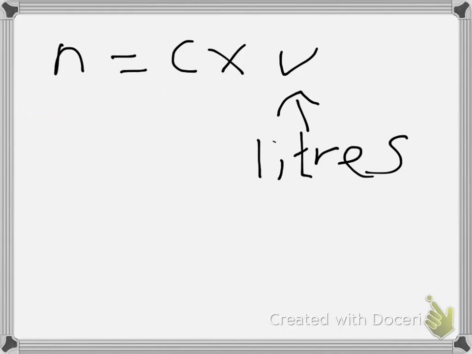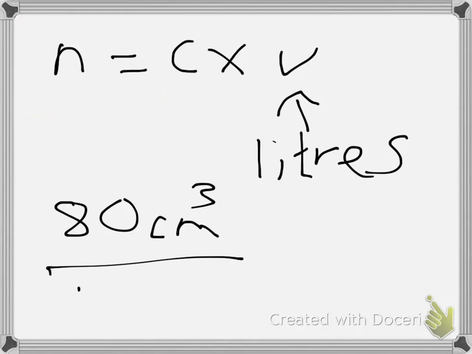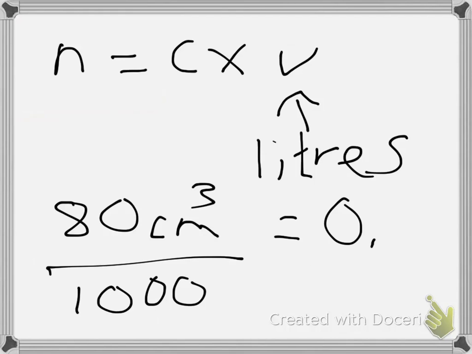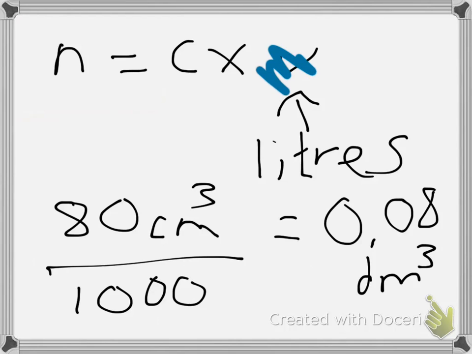So my first step is to convert 80 centimetres cubed into litres by dividing it by 1,000. That is equal to 0.08 decimetres cubed, which we said was exactly the same as litres. So whenever I'm using a volume, I need to make sure that I am converting it into litres first of all.